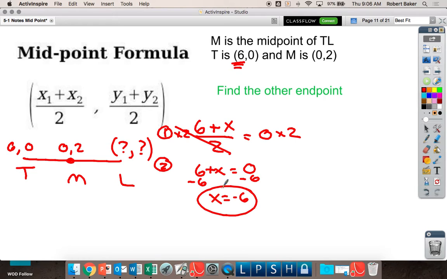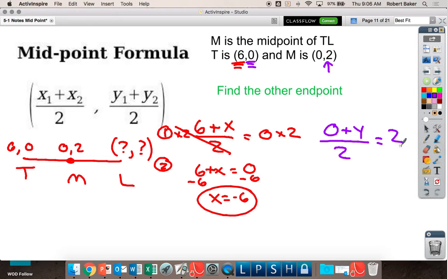I must do the same thing for the y values. I have the y value of my endpoint, 0 plus the other y value. So I'm going to put y right here. First endpoint plus second endpoint divided by 2 equals the y value of my midpoint, 2. Stick with it.